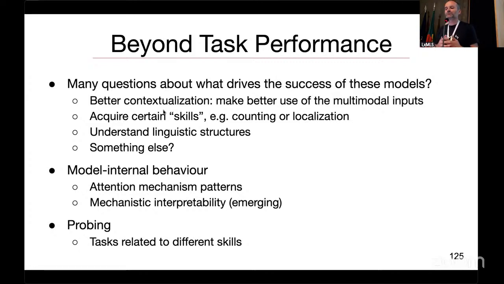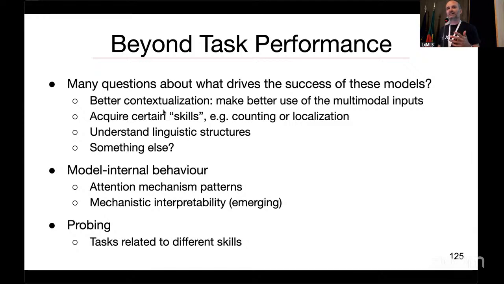We should want to know what's driving the success of these models. Where do they fail? Where do they succeed? What types of skills do they have? Are they actually understanding linguistic structures, or are they just using bag of words type representations? And can we move beyond behavioral analyses to more model-internal analyses? This was something that Maxime was discussing yesterday in his evening lecture.